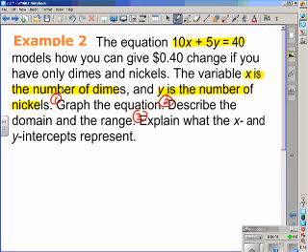To complete task number one, we will do task number three first. We won't explain them yet. We will find the x and the y intercepts, and then we will describe what the domain and range are. The domain, remember, by definition, is the set of x values, and since x is representing the number of dimes, the domain is the number of dimes.